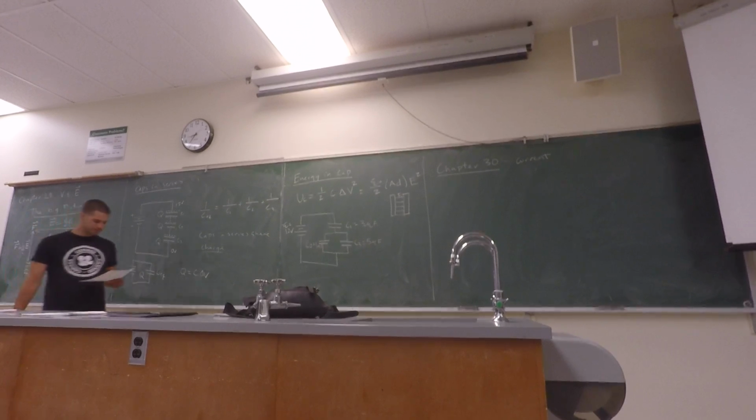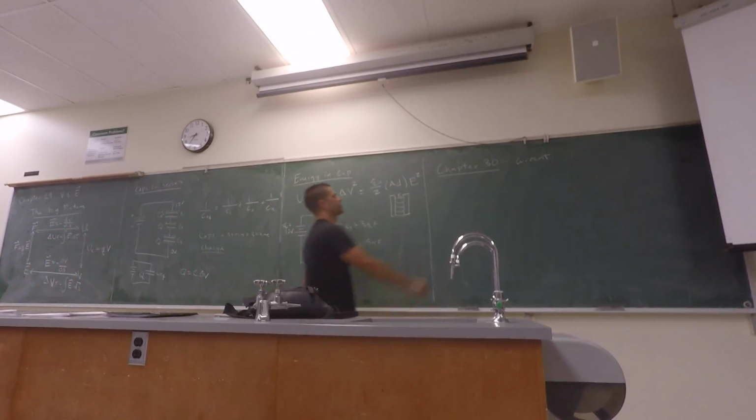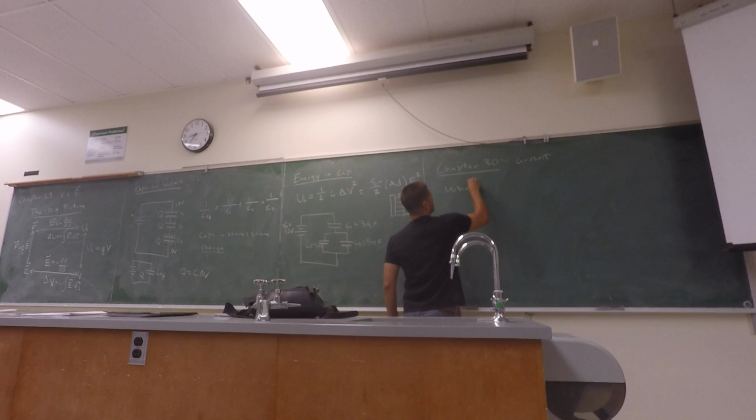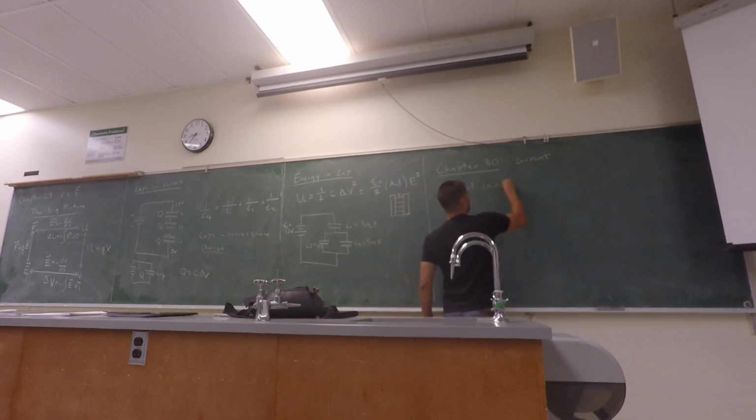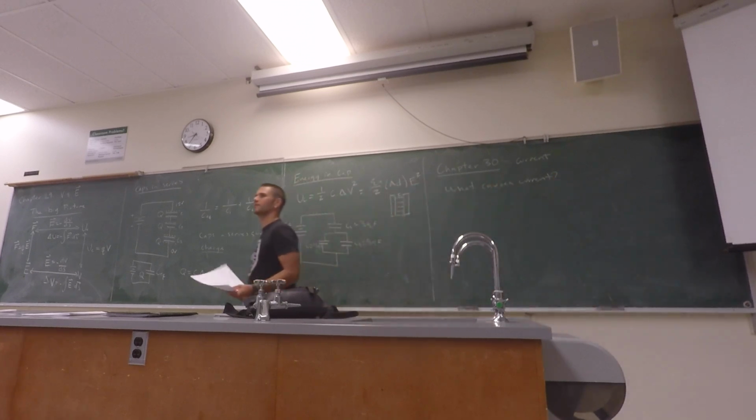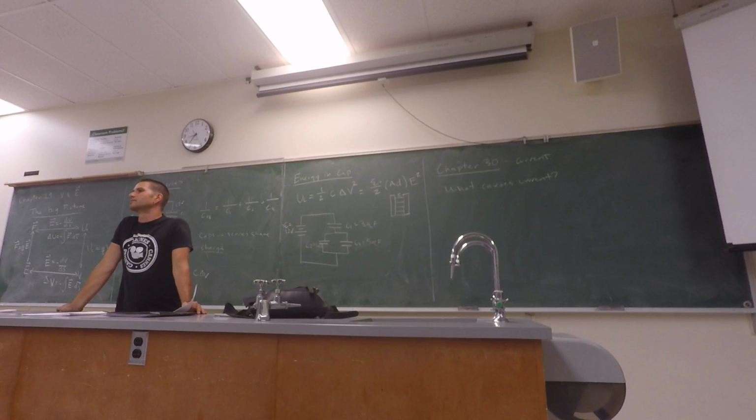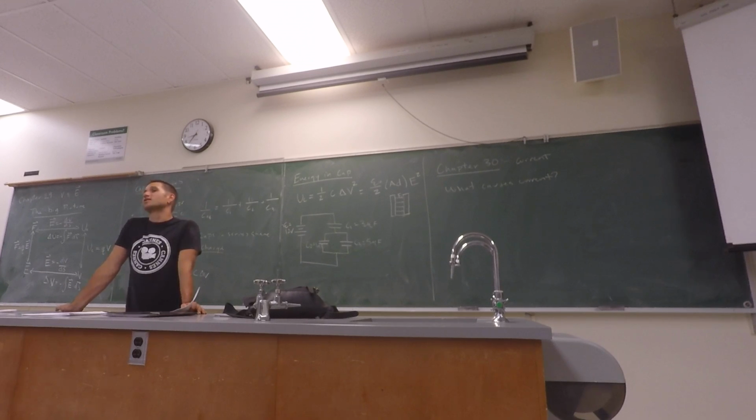in circuits. Okay. Now the first thing was, what causes current? Okay, you guys remember what causes current? What's that? Yeah, it's not, I mean, yes, ultimately it is, but like a physical thing.